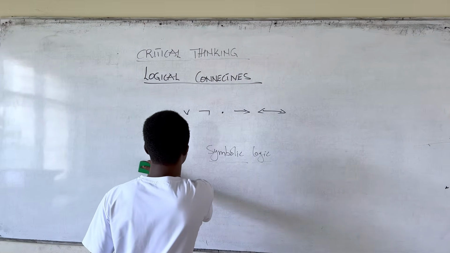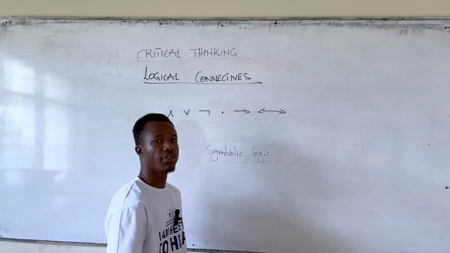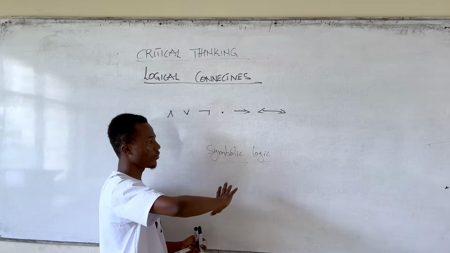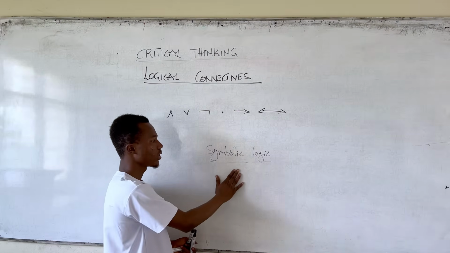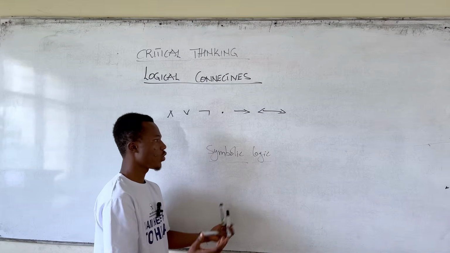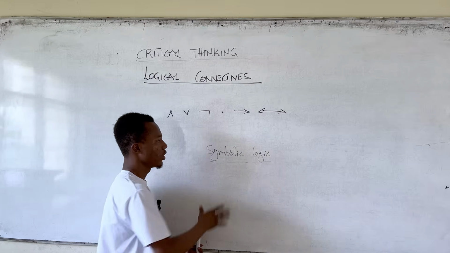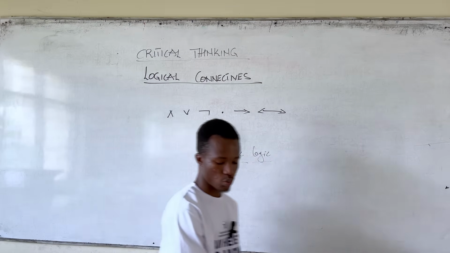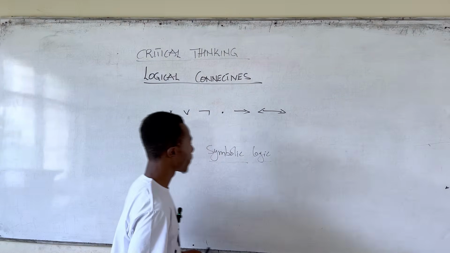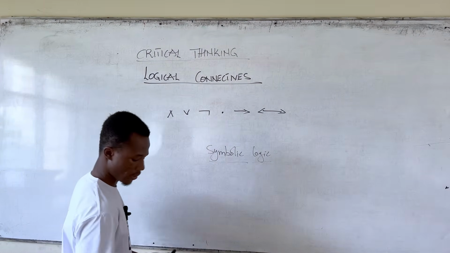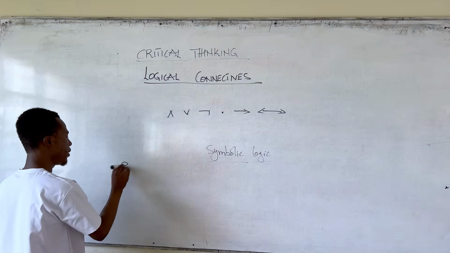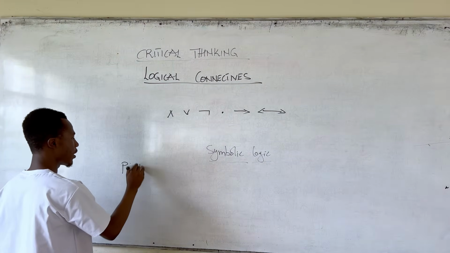Now that we know the definition, symbolic logic is a branch of logic that uses symbols to express ideas, arguments, or any other expression. So you can be given P. Let's say it is raining.